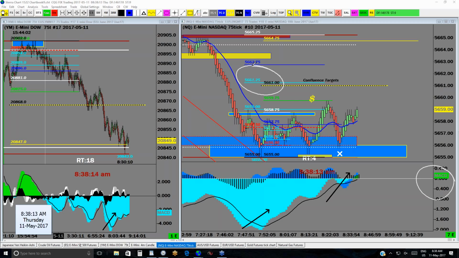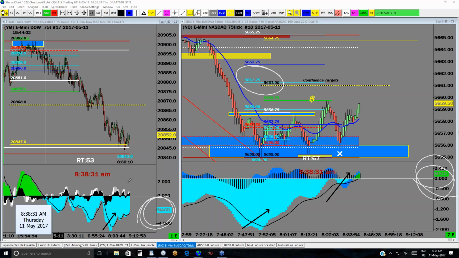That would be your next target. See if the green is holding. That's good. And we have quite a ways to go on the chart on the left, on the YM, to get that into green area. But it is working out.